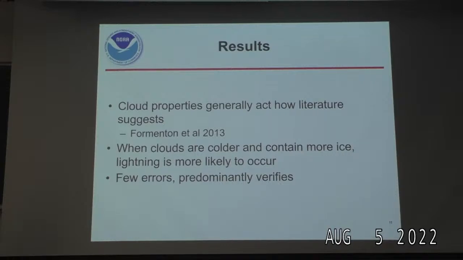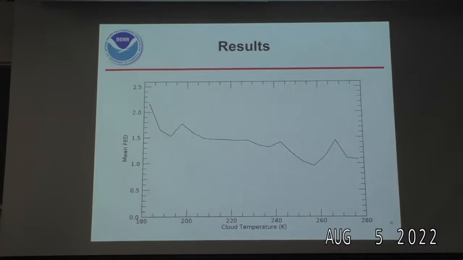And also because of that, the cloud top temperatures are colder when you see more lightning. This figure shows that as you have a colder cloud top temperature, your mean flash extent density is going to be a little bit higher.